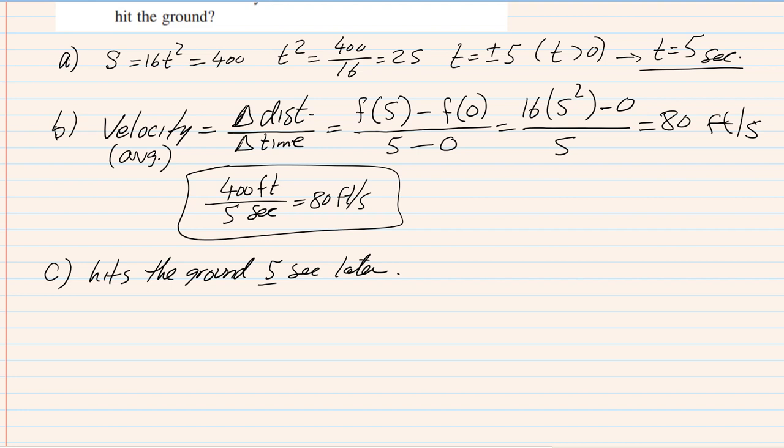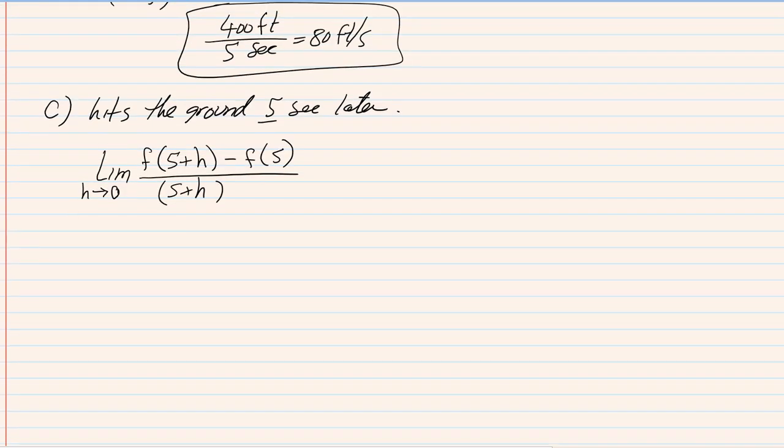That would be the impact velocity. The limit as h goes to 0 of the average velocity, f at 5 plus h minus f at 5 over 5 plus h minus 5.